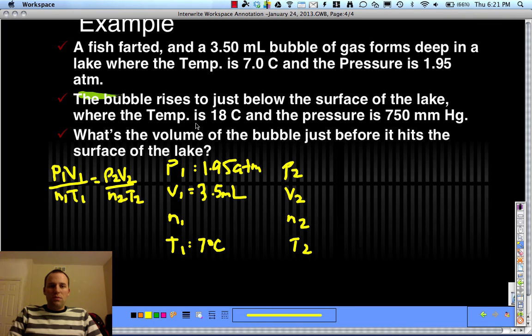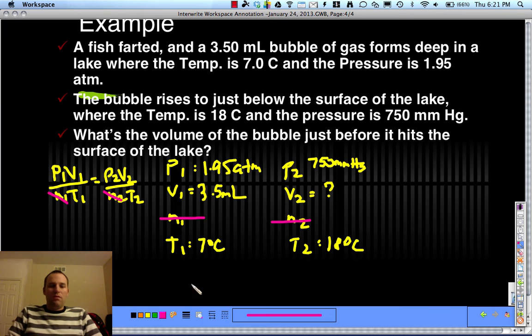The bubble rises just below the surface where the temperature, so there's our new temperature, is 18 degrees Celsius and the pressure is 750 millimeters of mercury. What is the volume of the bubble? So we're looking for V2 just before it hits the surface of the lake. There's no mention of number of moles, so we can eliminate that from the formula and from our little list here. And then we need to make sure everything is in the correct units.